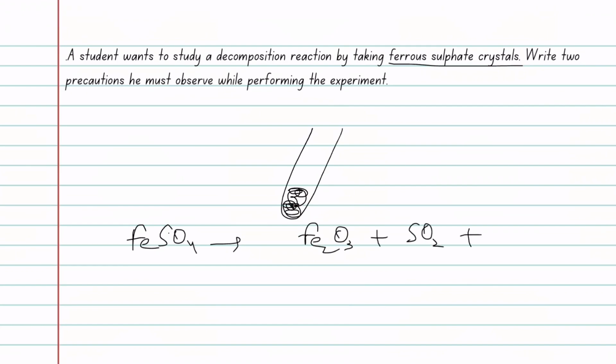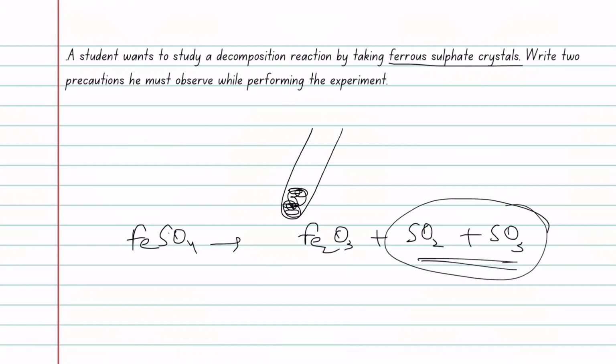Now, in decomposition of ferrous sulfate, let's say you have ferrous sulfate here, you would get ferric oxide, sulfur dioxide, and sulfur trioxide. These gases are harmful.